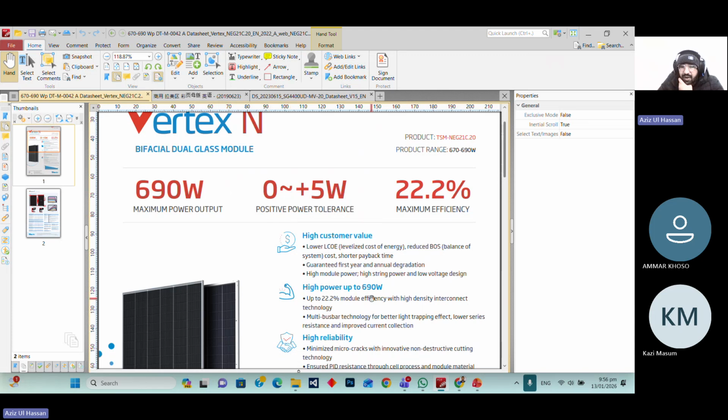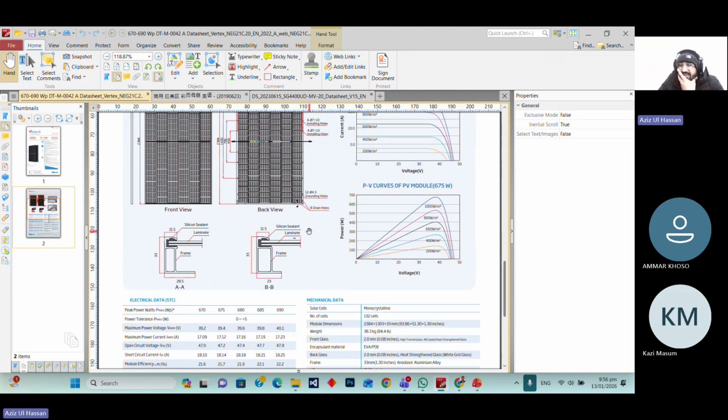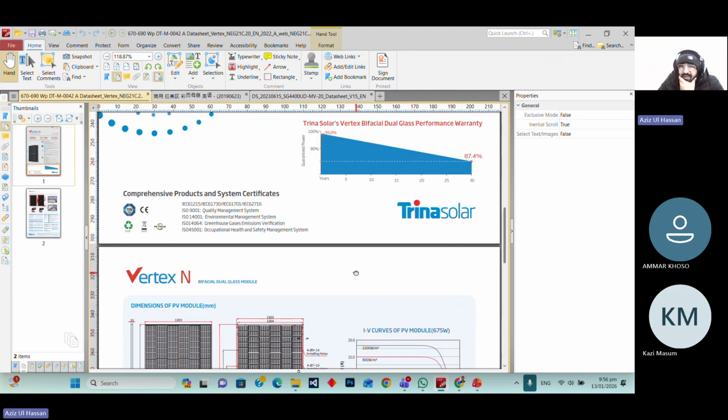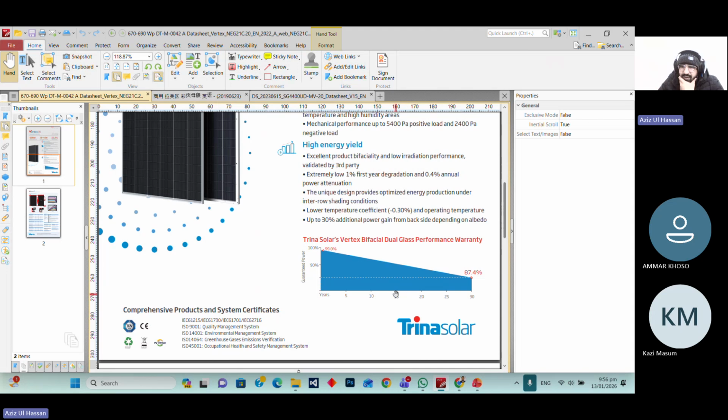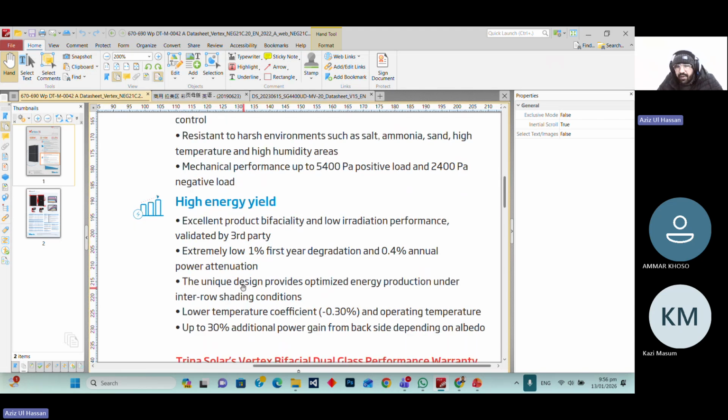We just need some important factors from the PV modules data sheet, which is basically this curve. It is clearly mentioned: extremely low 1% first year degradation and 0.4% annual power attenuation.